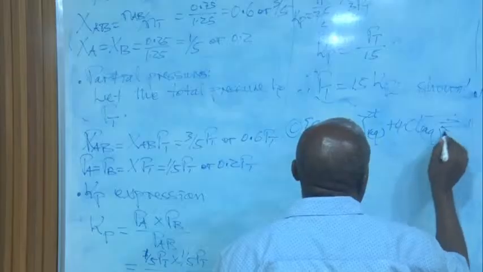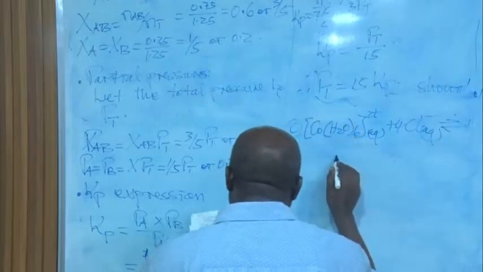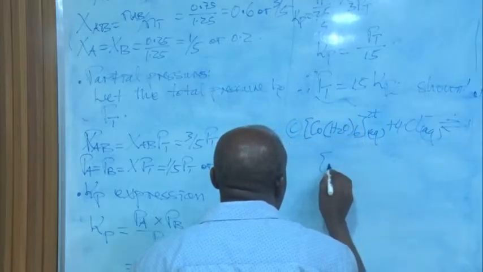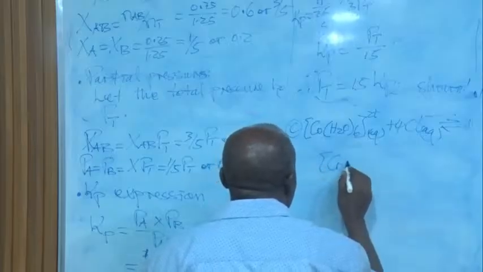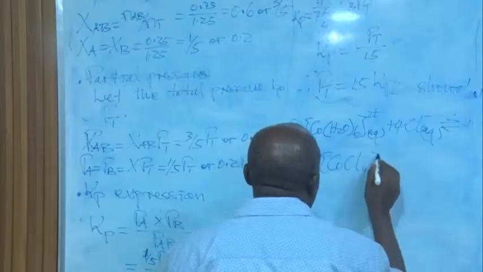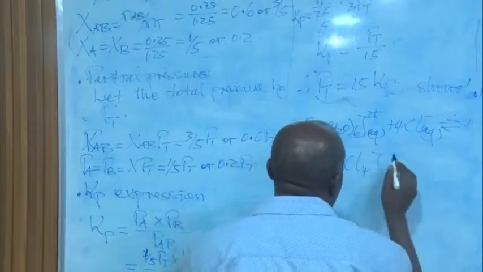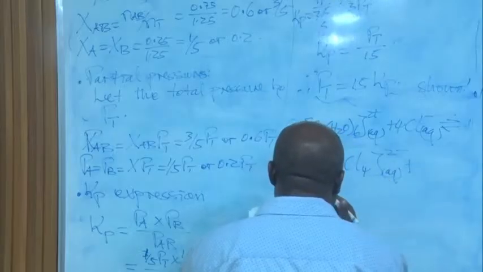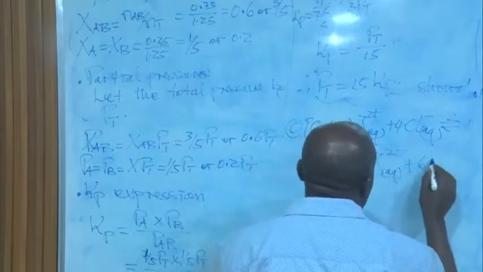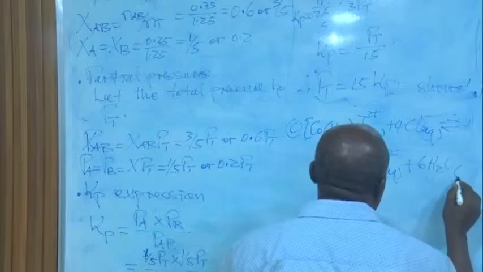These two reactants form an equilibrium with another complex, that is cobalt with 4 chloro ligands, with charge -2 aqueous, plus 6 water molecules.